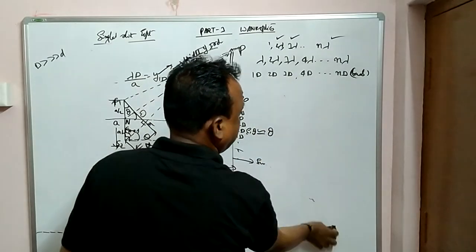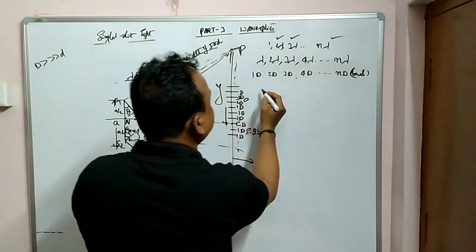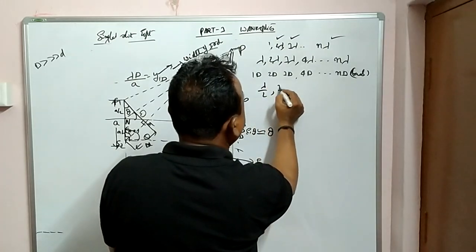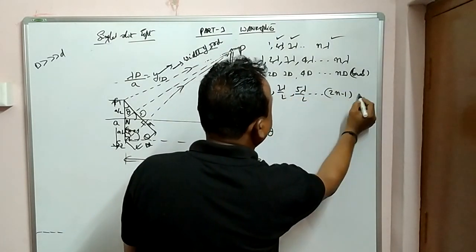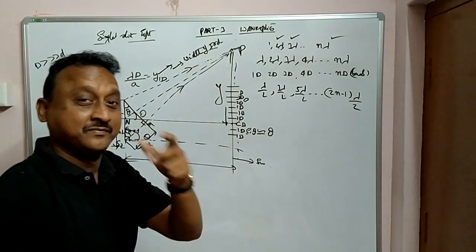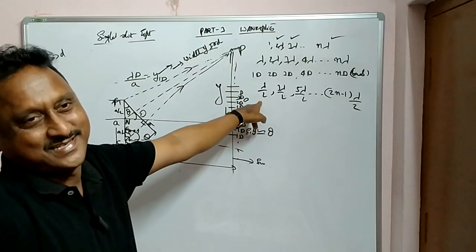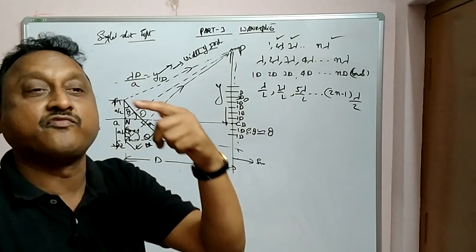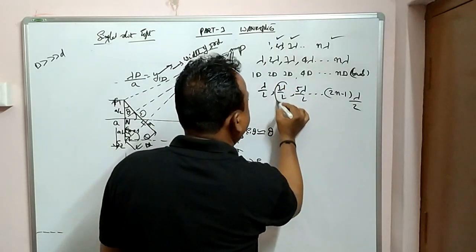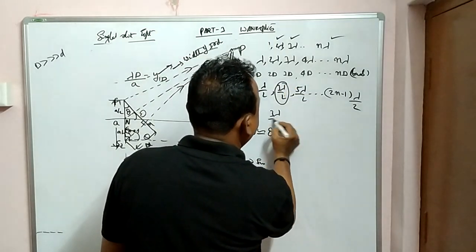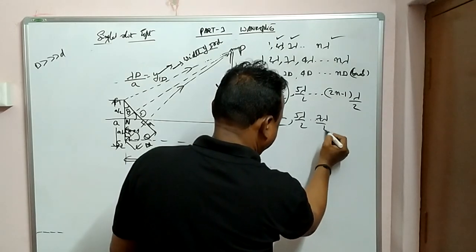Now in the YDSE experiment, where did the dark start for us? It started from λ/2, 3λ/2, 5λ/2, that is (2n-1) into λ/2. But here, if you start from λ/2, what happens? This λ/2 is indicating dark. So what we'll do is start from 3λ/2: 3λ/2, 5λ/2, 7λ/2.